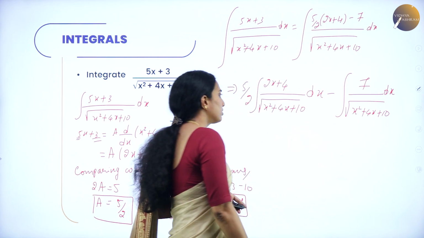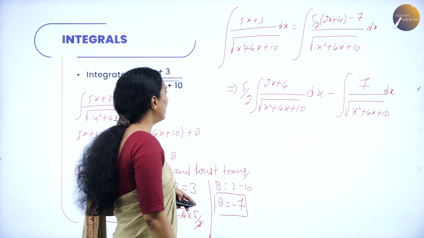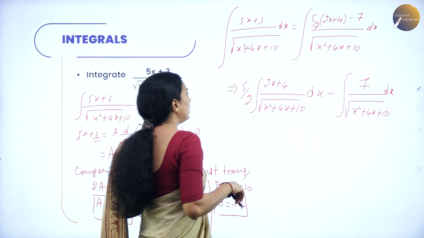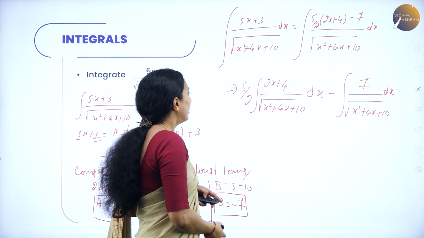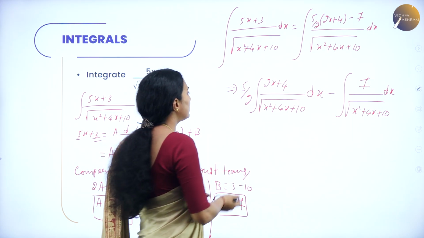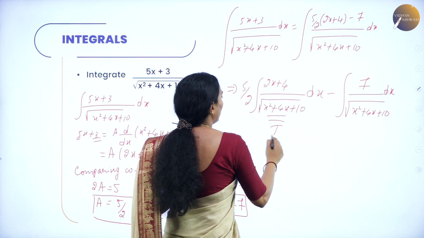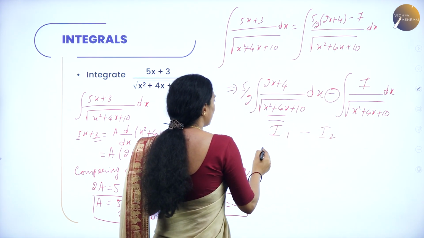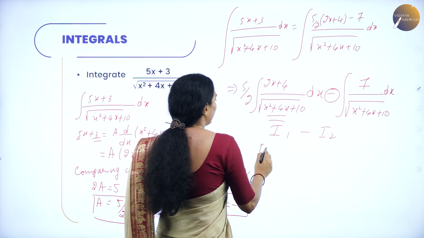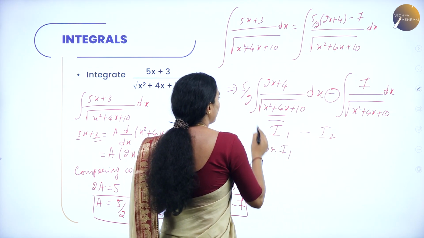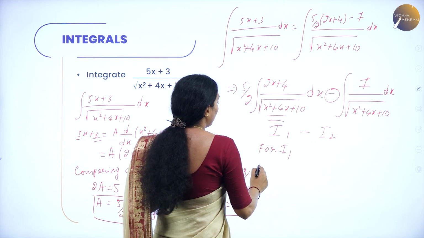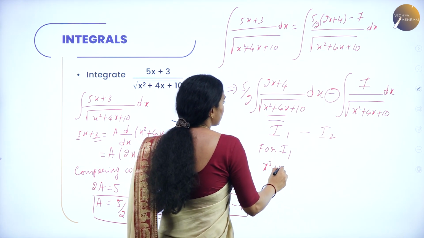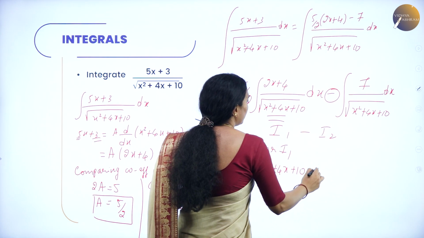Okay. So therefore we get the answer: 5 by 2 into (2x plus 4) under the root of x squared plus 4x plus 10, where the differentiation gives you that. So I1 minus I2, because minus is there in between. For I1, I am substituting root of x squared plus 4x plus 10 is equal to t.